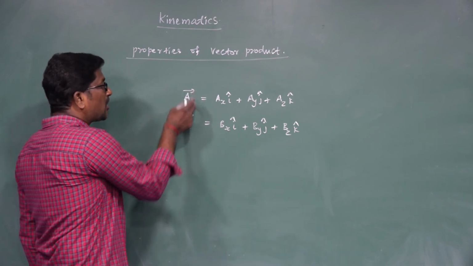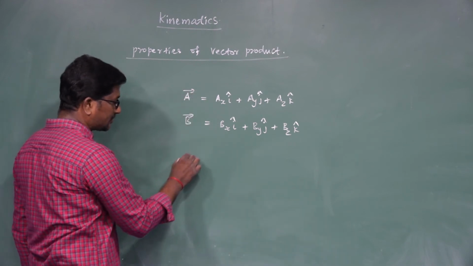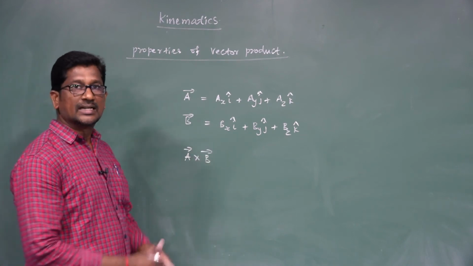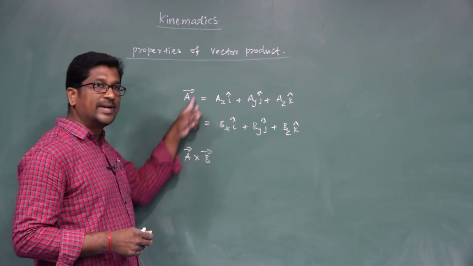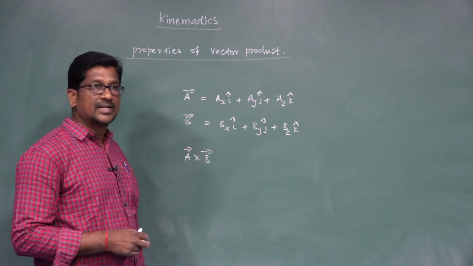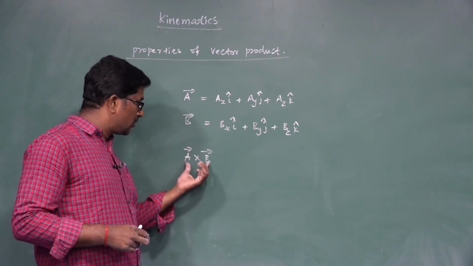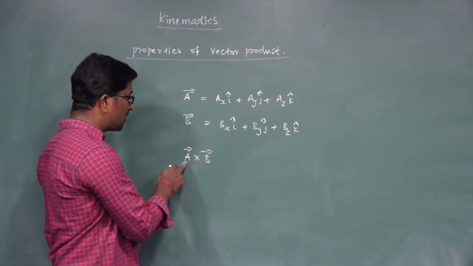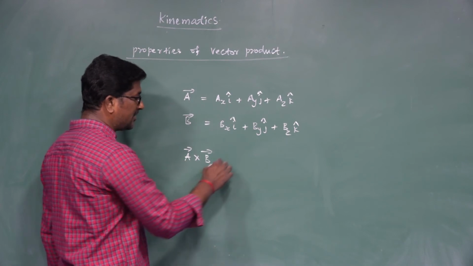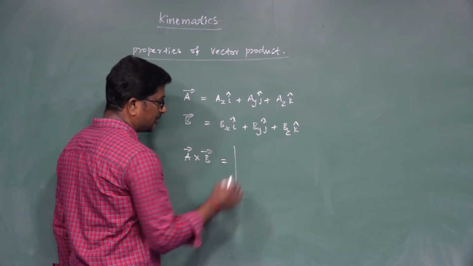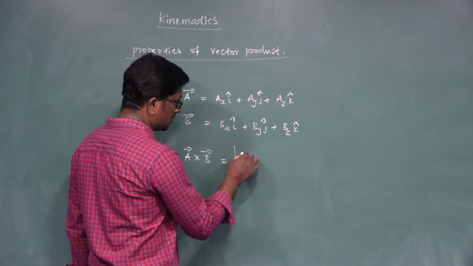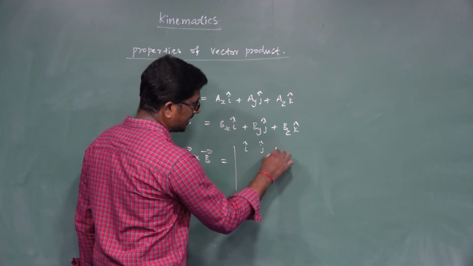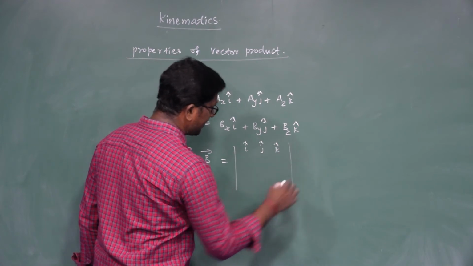Here the vector product of these two vectors is A vector cross B vector. The cross product of the two vectors can be written in component form. The component form of the cross product of A vector and B vector is in matrix form. That is, i cap, j cap, k cap.